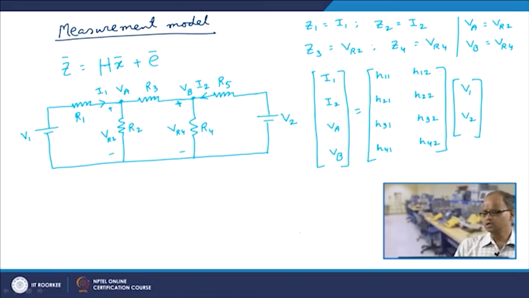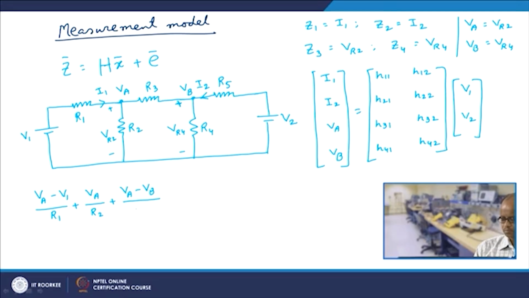So, now how to do this? We have to do our standard circuit analysis. At this point and at this point we apply nodal equations. So, if I apply this, what I get is (VA minus V1) by R1 plus VA by R2 plus (VA minus VB) by R3 is equal to 0. I am just applying KCL at this point.